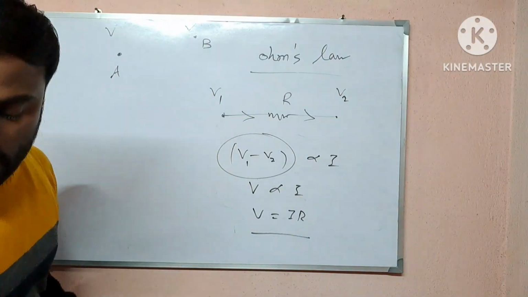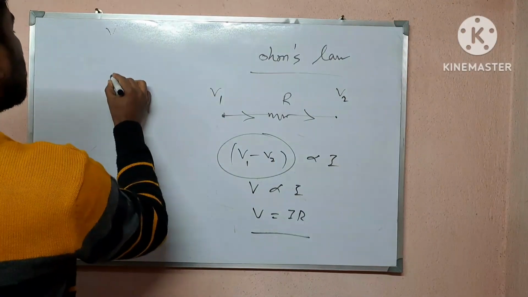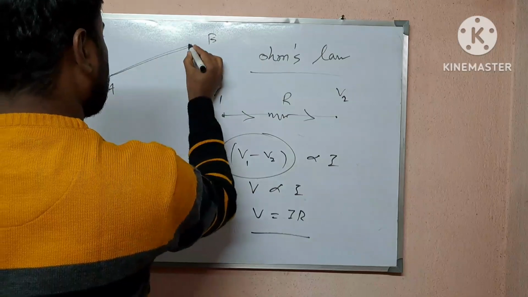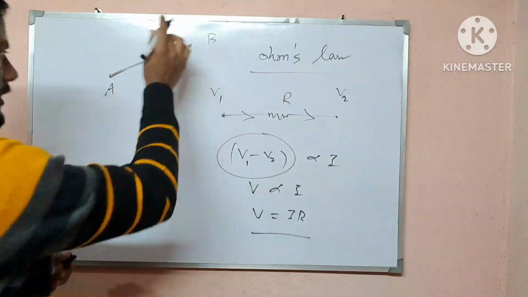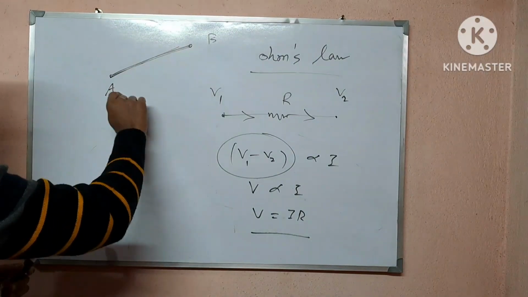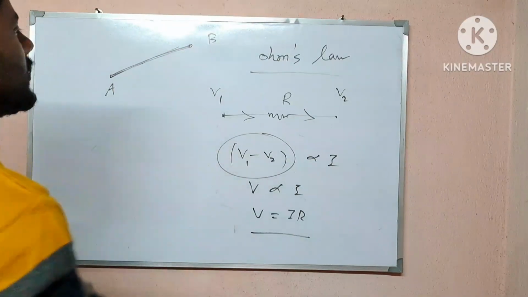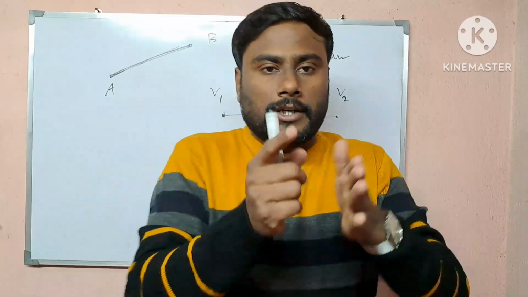So now we can say that when any 2 points, just imagine A and B are 2 points, are connected directly by a wire, then these 2 points are called short. Short means when any 2 points are connected directly by a wire.